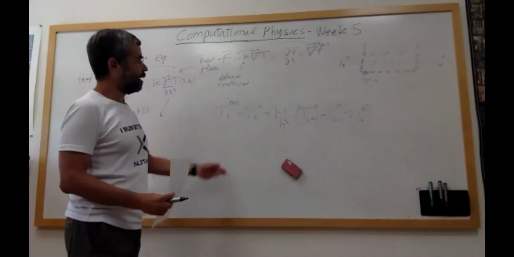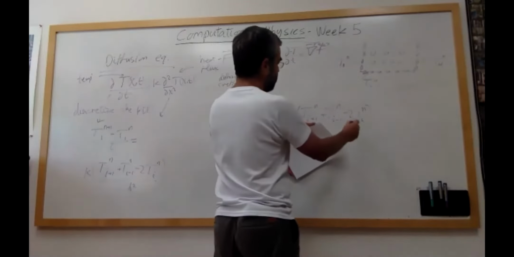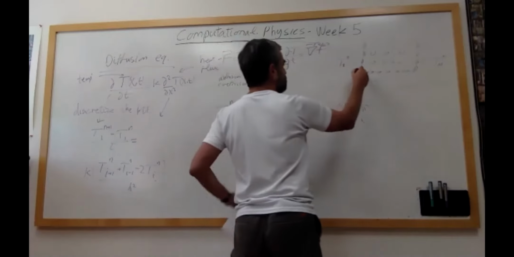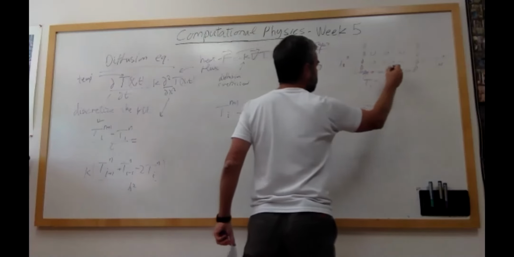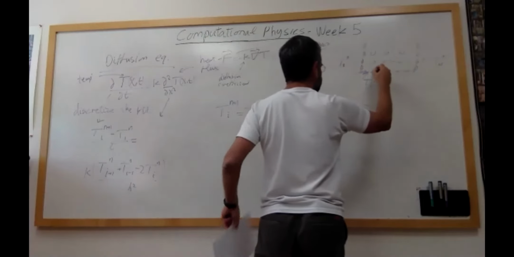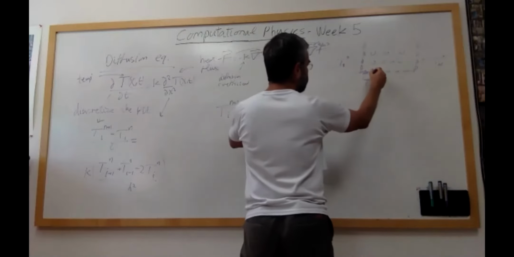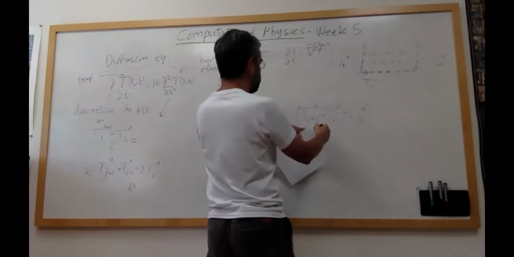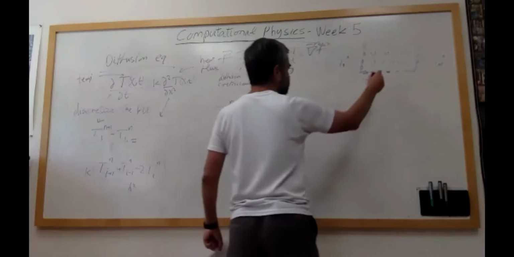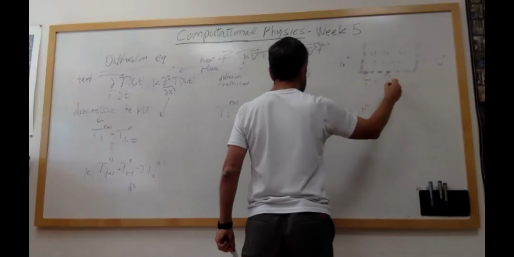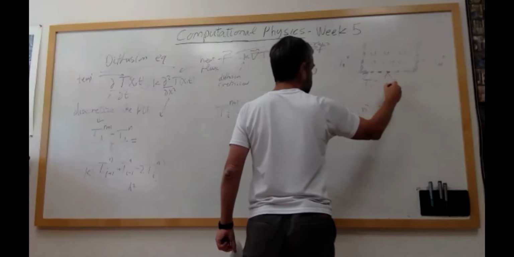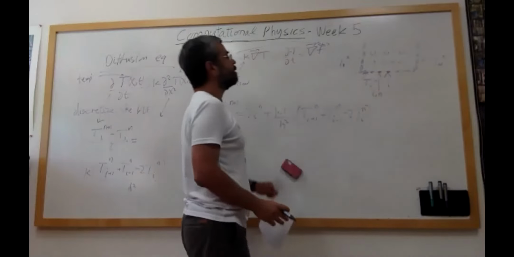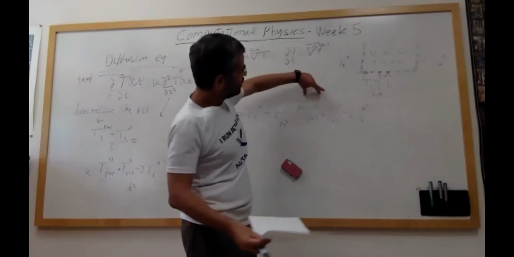So basically, we start at n equal 0. So we take basically 3 elements here, and if this is I and n, we actually take these 3 elements.